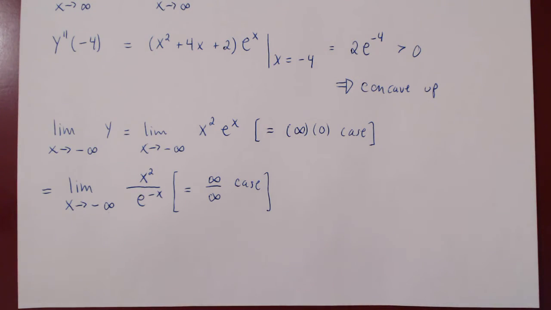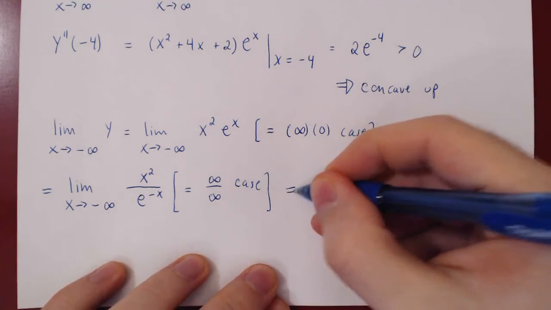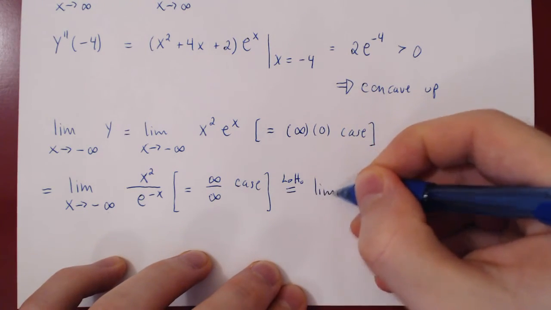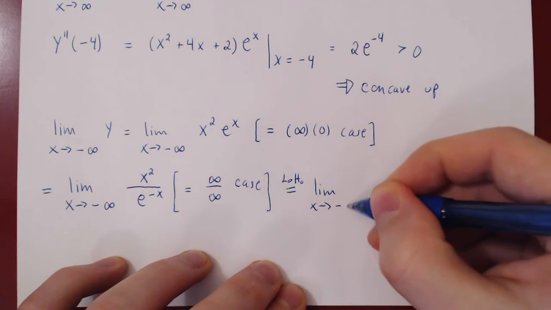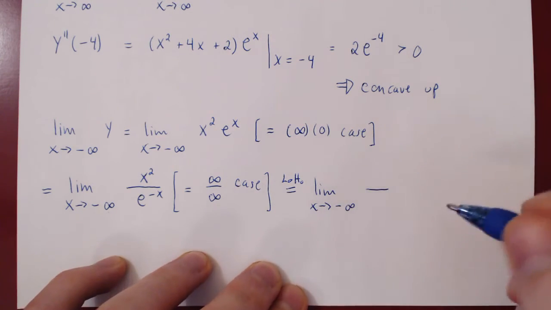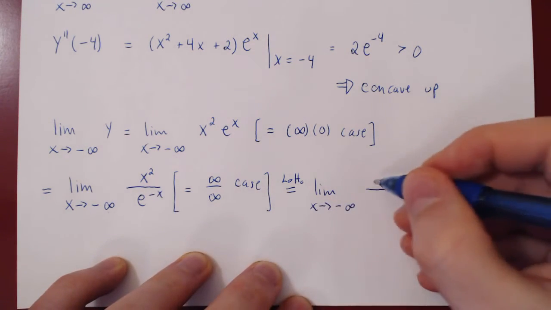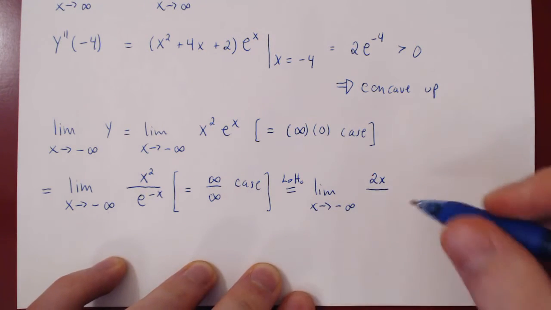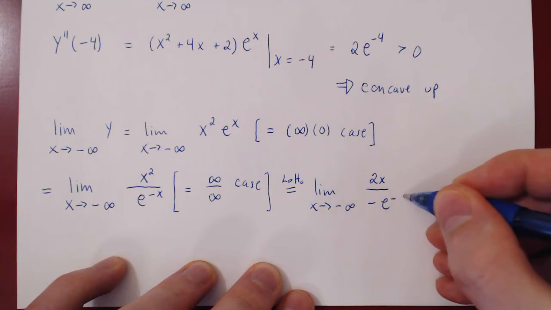It is an infinity over infinity case, so we can try to use L'Hopital's rule. We are still letting x approach negative infinity, and recall that we replace the numerator by its derivative, and the denominator by its derivative. By the chain rule, we get negative e to the negative x.